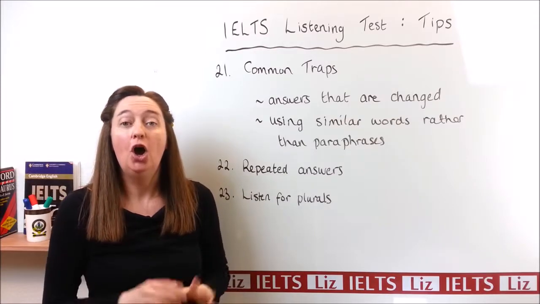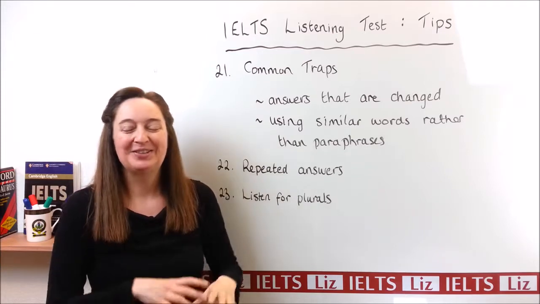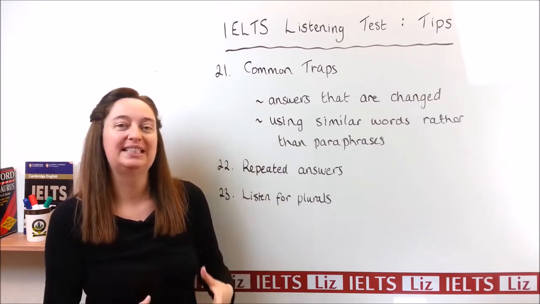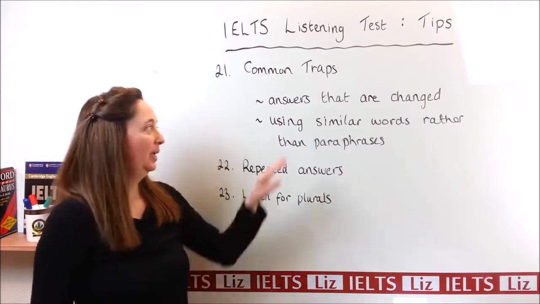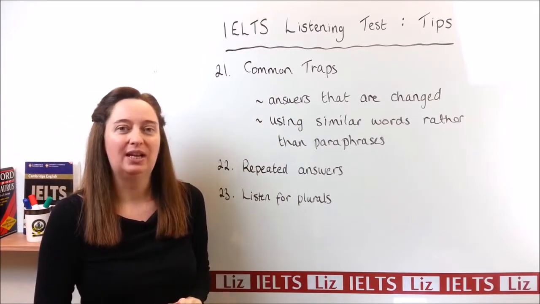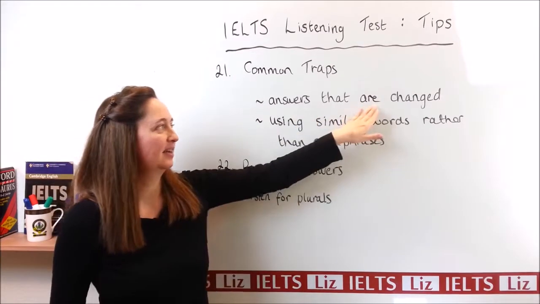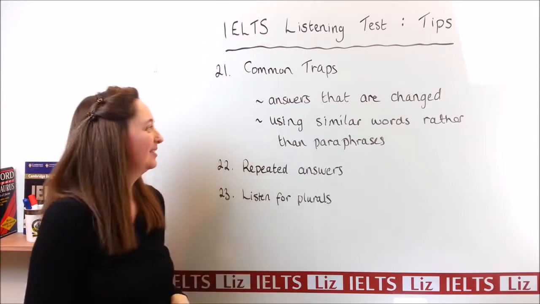And the speaker says, oh, actually, sorry, how about half past? So suddenly, instead of the answer being 7, it is now 7:30. So when you listen and you hear your answer, obviously you can make a note of the answer, but keep listening because that answer might be changed. So be careful with that.